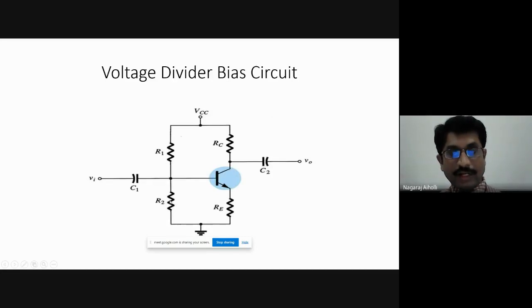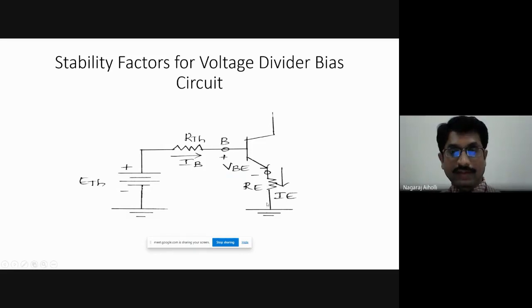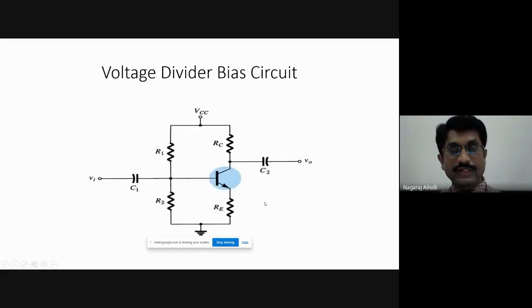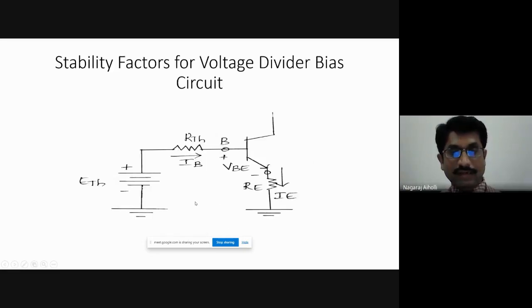This we have studied earlier. That is what I have redrawn here: ETH, RTH, VBE, RE, then to ground.